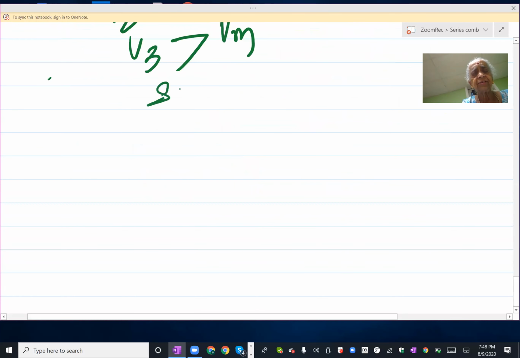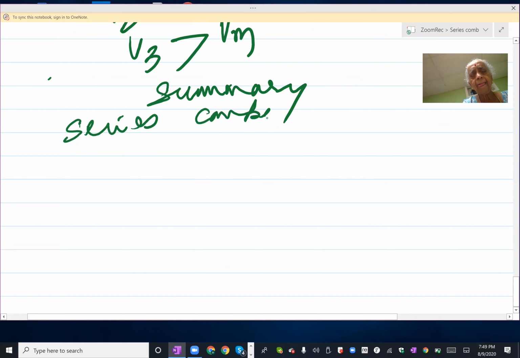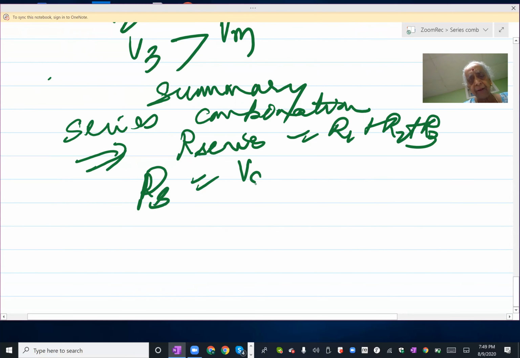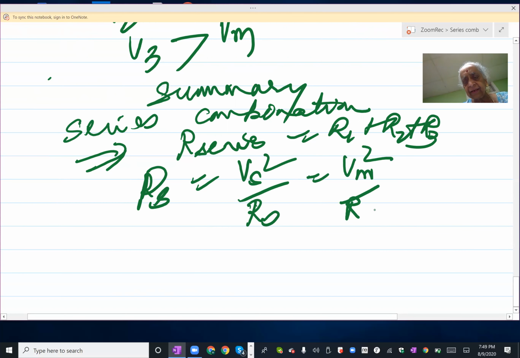Thus, the summary of the whole thing: the series combination implies R of the series combination is equal to R1 plus R2 plus R3, and power of the series combination equal to V supply squared by R series, which is also equal to Vm squared by R series when Vs is equal to Vm, as a simplified concept that we are going to study.